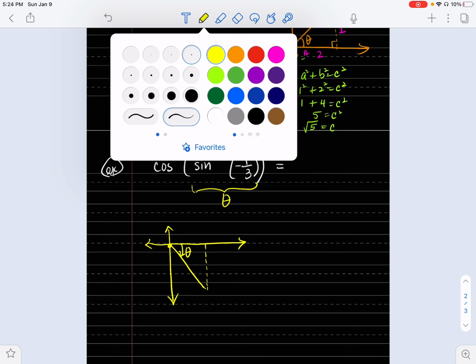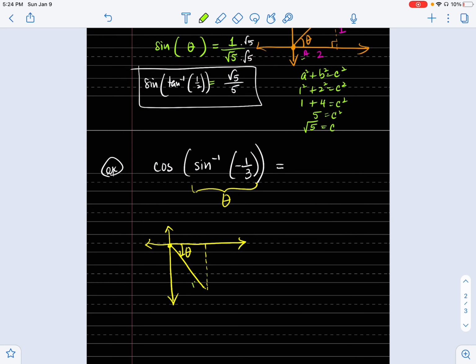This is the hypotenuse, this is the opposite, and this is adjacent. Now sine is opposite over hypotenuse. So this must be the opposite, and this must be the hypotenuse.